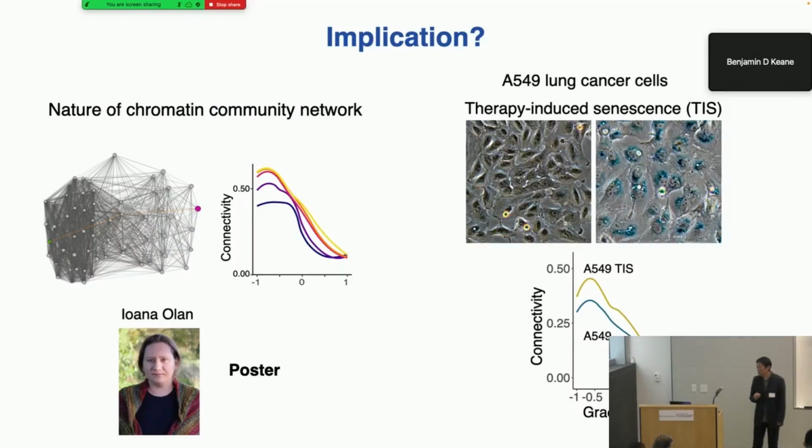This is one of the most established cancer cell therapy-induced senescence models, in a lung cancer cell line. We can induce a senescence-like phenotype in a few cancer cell lines. You can see the restoration of this gradient. By the way, this is A549, which is p53 intact. The original gradient is relatively normal, so this might be the reason.